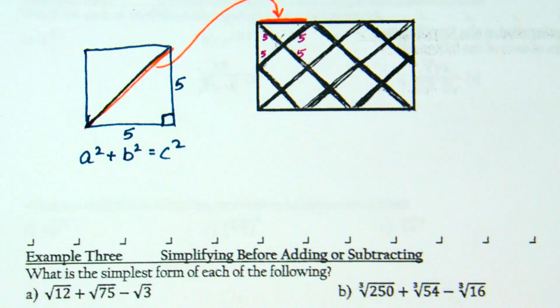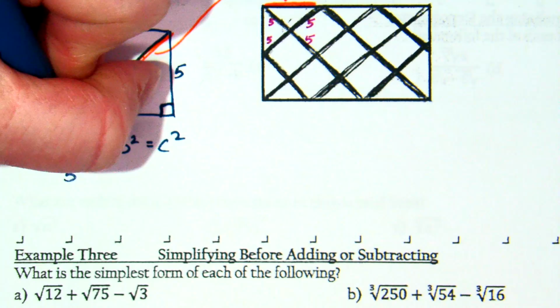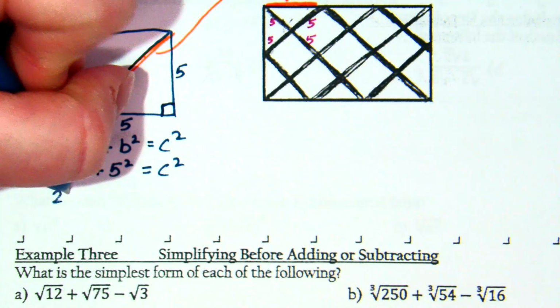Okay, A, B, and C, what do I know? A and B are 5, because remember A and B meet at a right angle. C is what we call the hypotenuse. So 5 squared plus 5 squared equals C squared. 5 squared is 25. 25 plus 25 is 50.